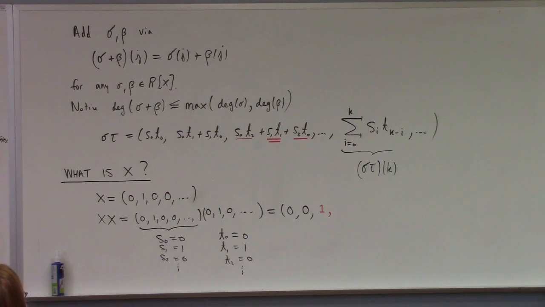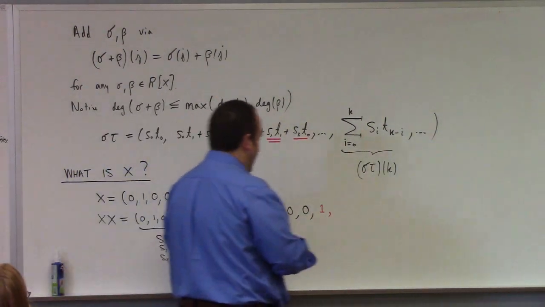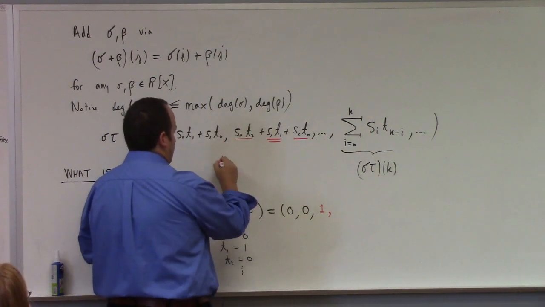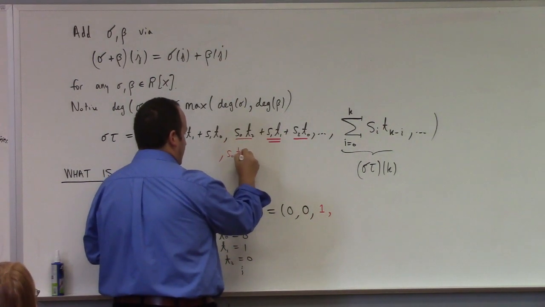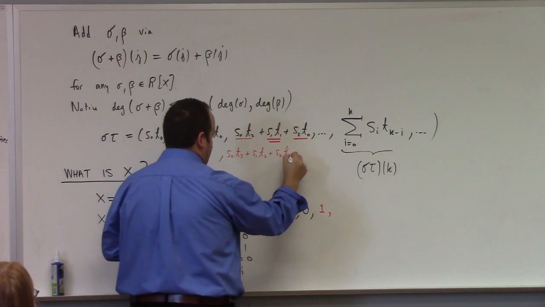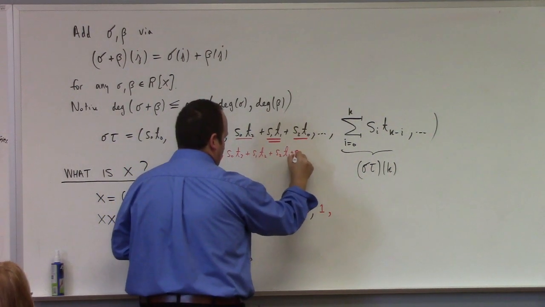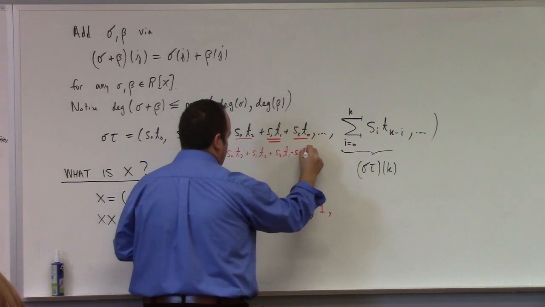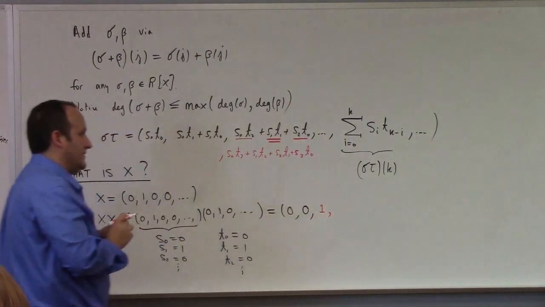What happens when we get to the next term up? If I were to write it out explicitly, what's the next term that I haven't yet written? It's s0 t3 plus s1 t2 plus s2 t1 plus s3 t0, right? That's the next term up.